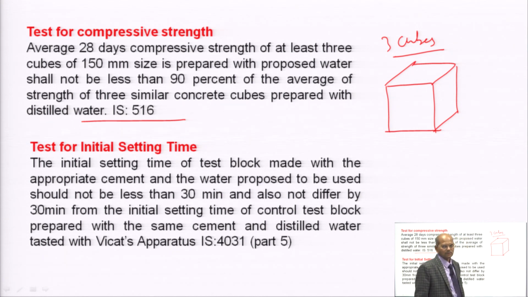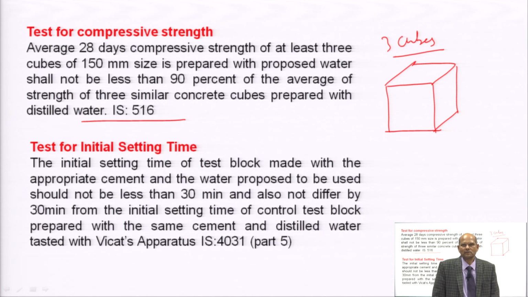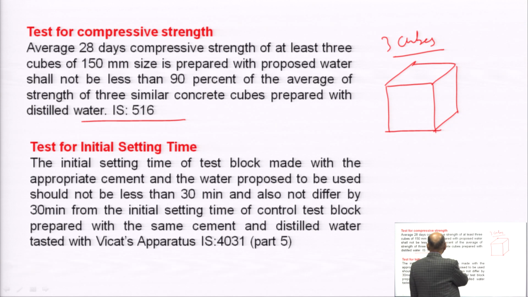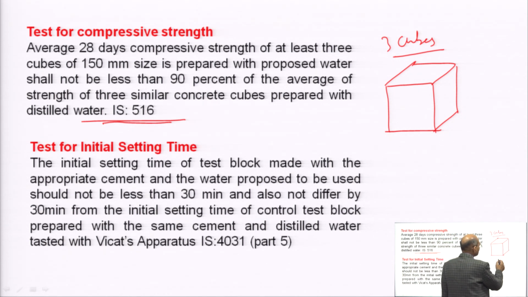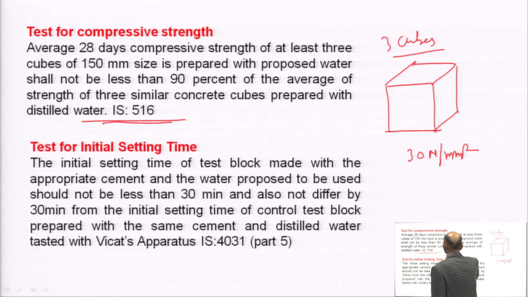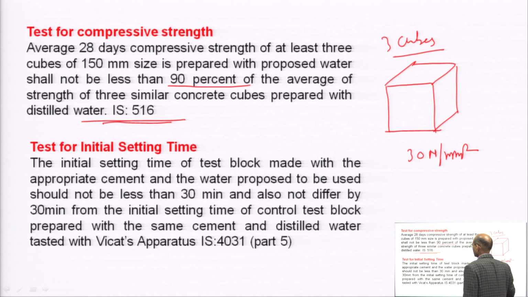If it is a load control machine, the rate of loading should be 140 kg per centimeter square per minute, and how to place the cube, all this procedure has been laid out. So, you have to go through IS 516 for testing. Suppose I want a value of around 30 Newton per mm square. If you are achieving 90% average, then we can say it is okay, and we can use that water for the strength criteria.